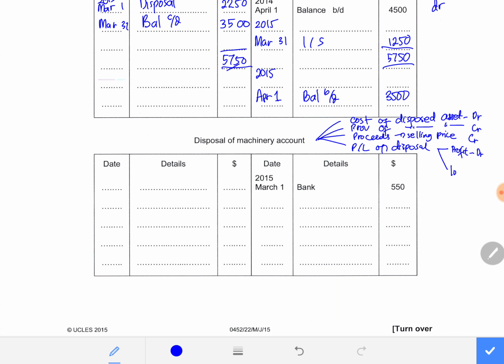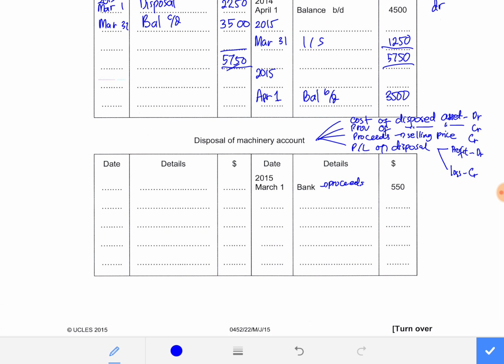If it is loss, it would be in the credit side. Okay, next. Proceeds always represent by bank. So, if there is information about bank in the disposal of machinery account, it represents your proceeds.